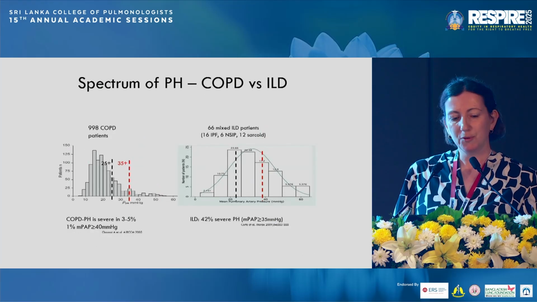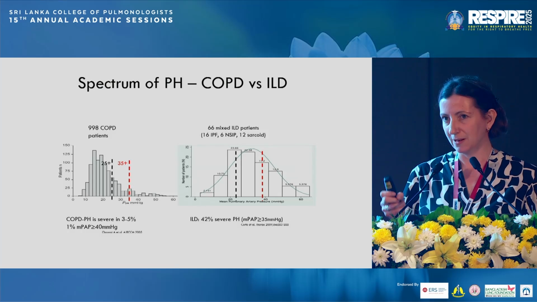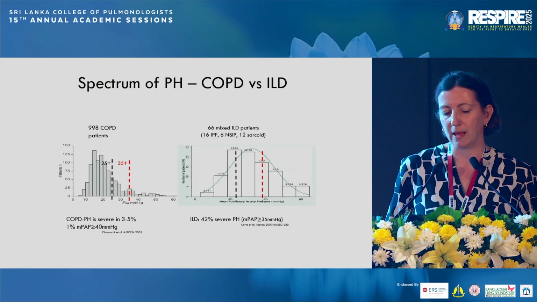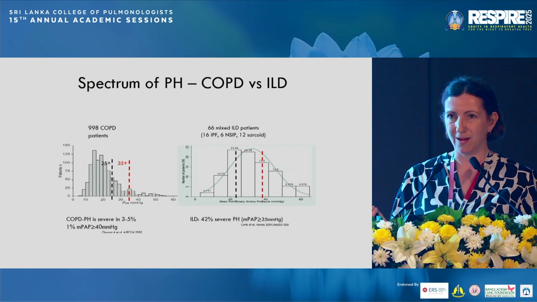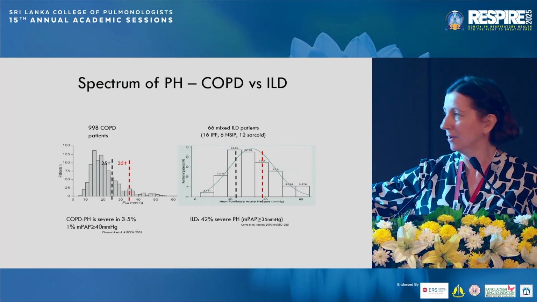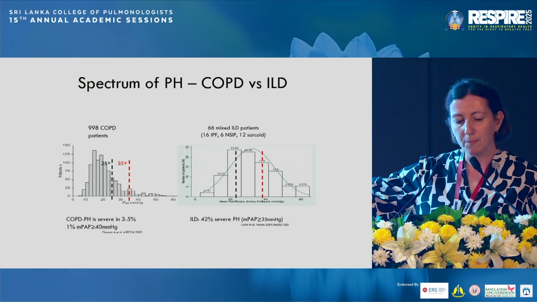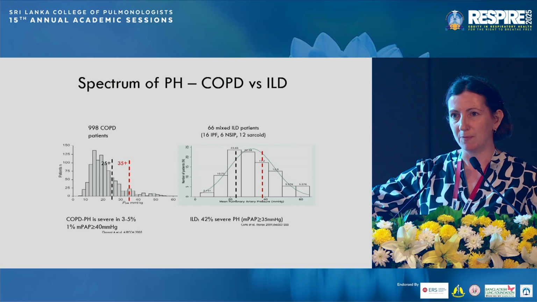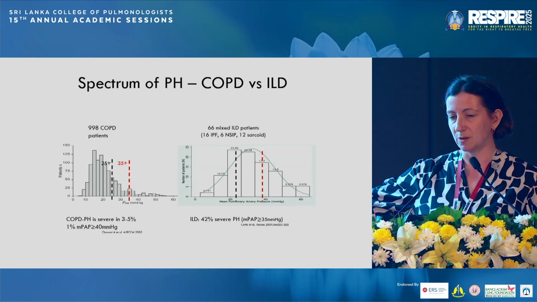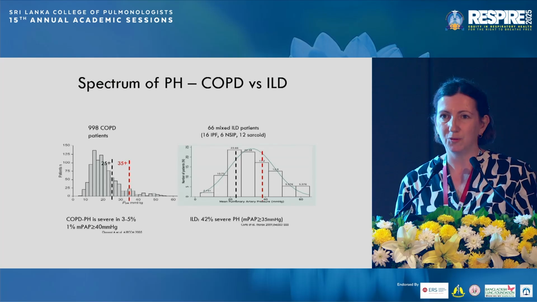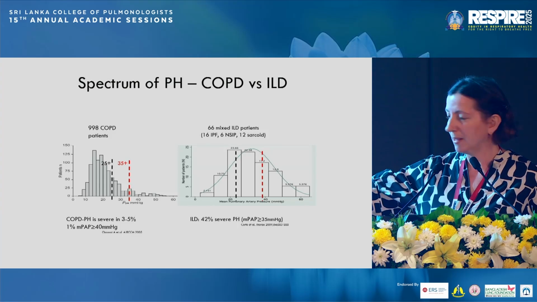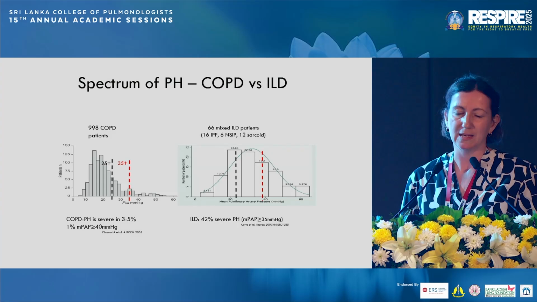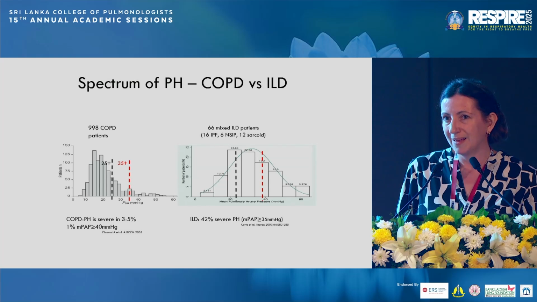Looking at the distribution, I think is interesting, especially in the population here with non-smoking COPD. If you look at the spread, now this is right heart catheter data, but echo would probably do, you have many patients with COPD who have mild pulmonary hypertension. So it's a left skew of the distribution of the pulmonary hypertension. Very few have a mean PA pressure above 35 or 40, so a severe end of the spectrum.